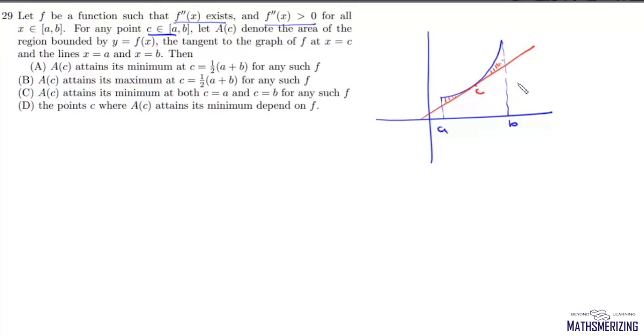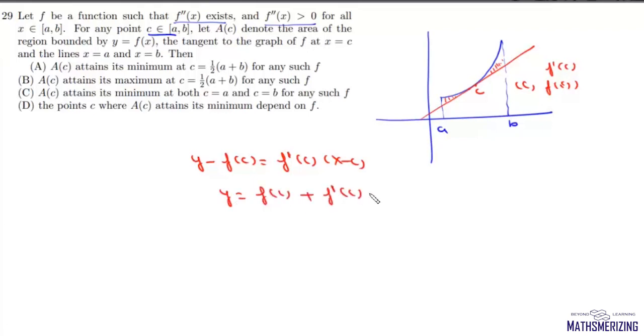Now we can write the equation of this tangent at C. This point will be (c, fc), and the slope will be the derivative f dash c. We can write this equation as y minus fc equals f dash c into x minus c, that is y equals fc plus f dash c into x minus c. Now we have to write this area as a function of c.